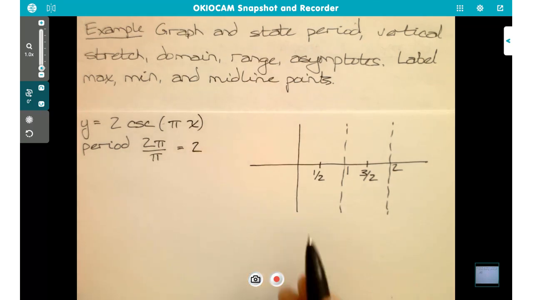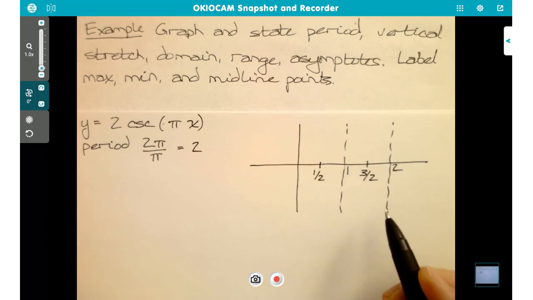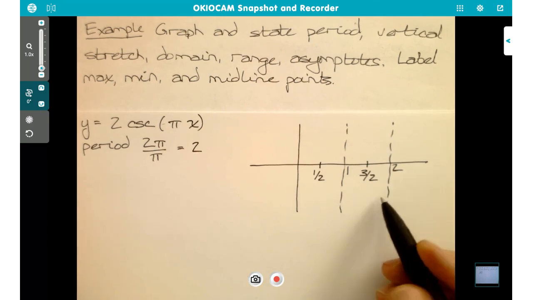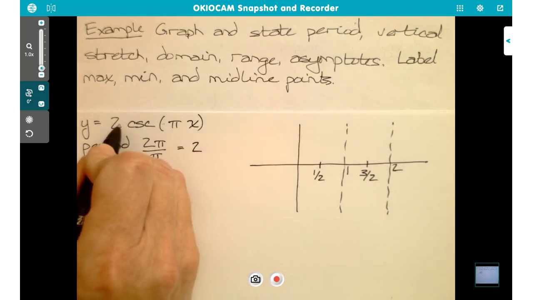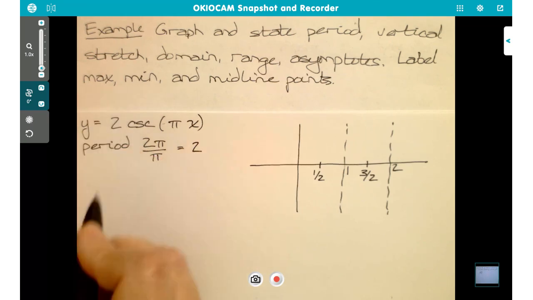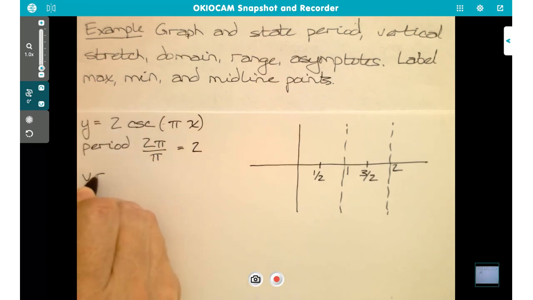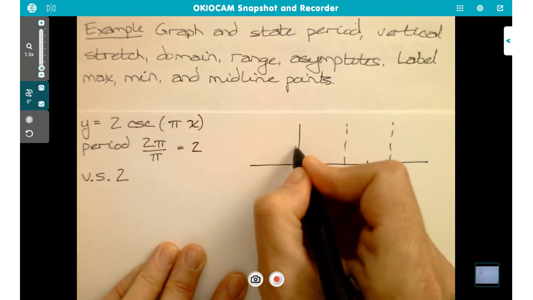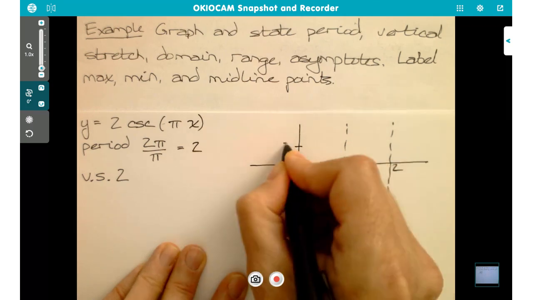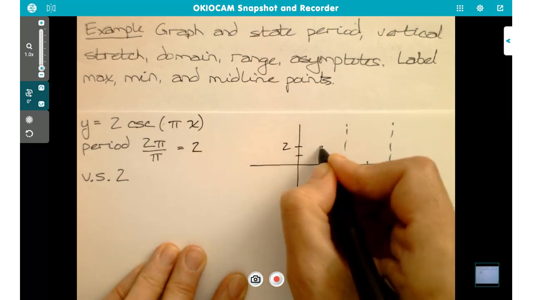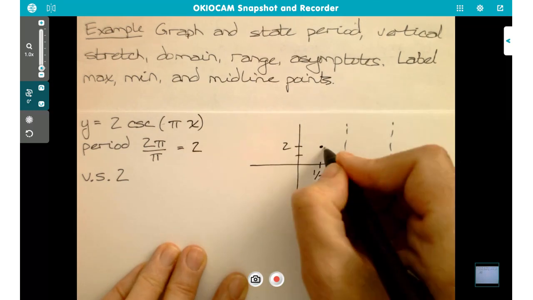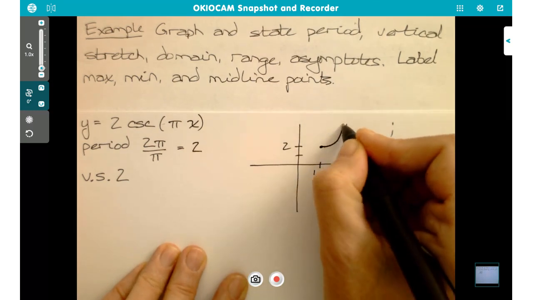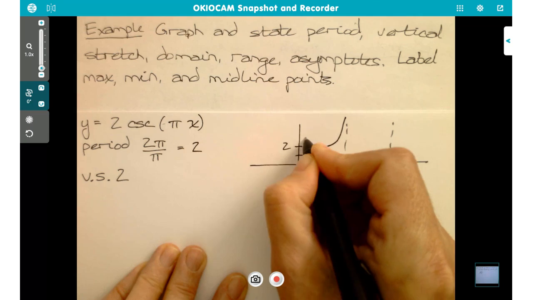So, all right, we got some framework set up here. Vertical stretch by a factor of 2. What that's going to do is it's going to make the minimum be at 2 rather than where it usually is at 1. So I'm going to have an upward facing piece between my first 2 asymptotes.